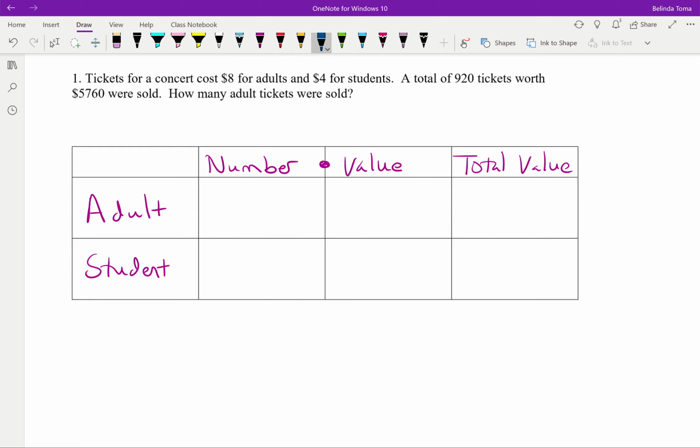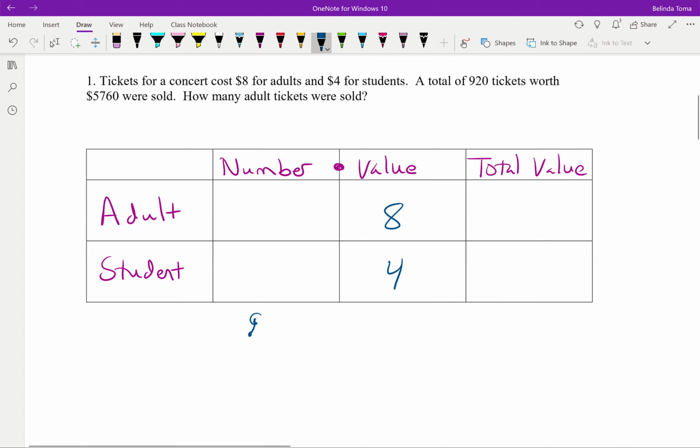So in this case, the value is given to me, $8 for adults and $4 for students, and we have a total number of 920.